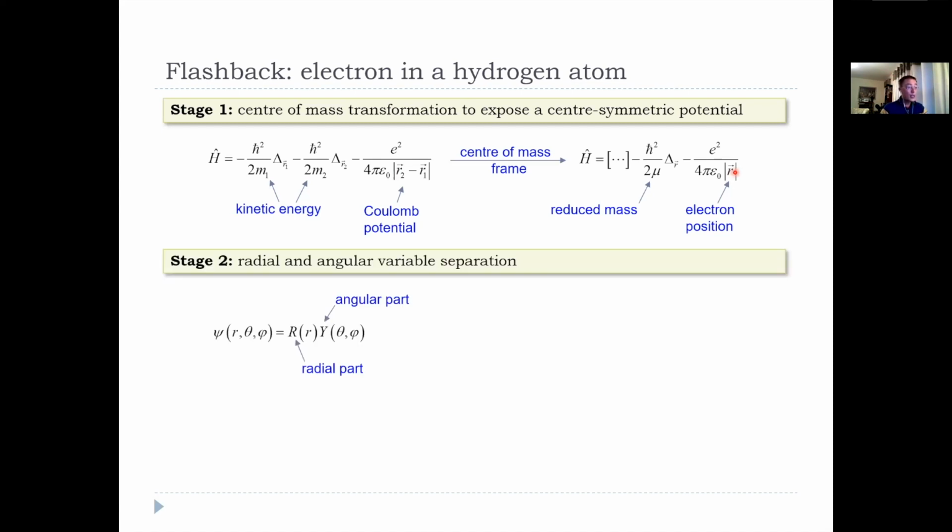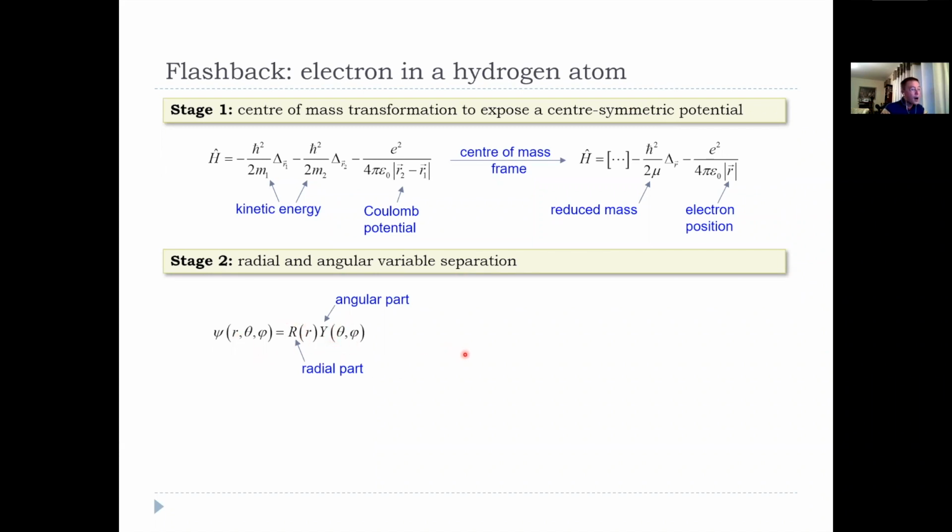And when we did that, remember the next steps that we took, the steps that got us the atomic orbitals. We did the variable separation. We realized that this potential is centrally symmetric, and so the radial coordinate is independent from the angular coordinate. We can split them up. And so we said, well, okay, let's look for our orbitals of the electron in that atom as radial part times angular part.